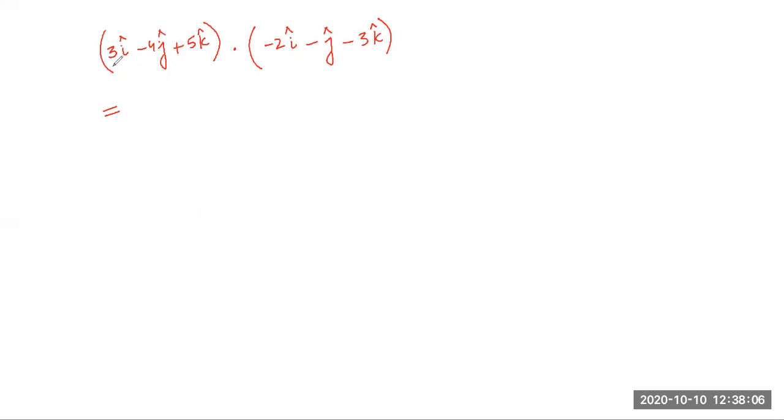So first we multiply this 3 i cap dot minus 2 i cap. Am I right? So we know that what is i cap squared? Well, this is i cap dot i cap. See, this is not vector product. This is scalar product.